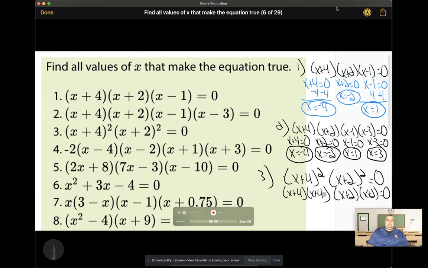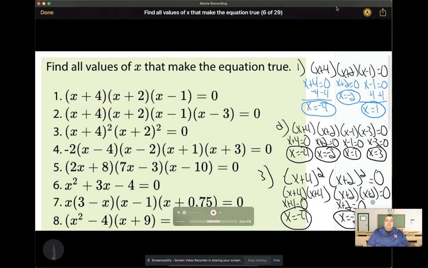Now, how many x-intercepts am I going to get? Well, if I take x plus 4 and set that equal to 0, I'm going to get x equals negative 4. Well, I have x plus 4 again, so even if I were to solve that again, I'm going to get x equals negative 4 again. Same thing's going to happen here. If I take x plus 2 and set that equal to 0 and subtract 2 from both sides, I'm going to get x equals negative 2.